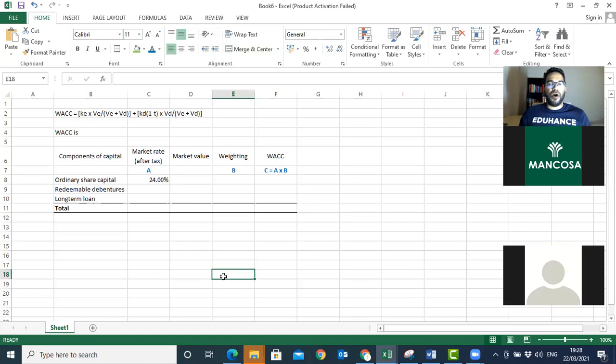Now we need the market value. It was not given to us, and hence we need to calculate the market value. In order to calculate market value, we have one of two approaches: either market capitalization or the dividend growth model. Given the scenario, we can use the market capitalization method.